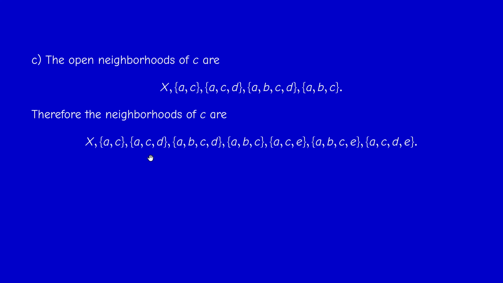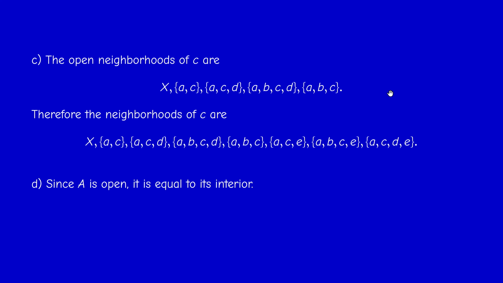Then ABCE, where we add E to the set, and ACDE, just add E. So these are the only possibilities. So there are 8 neighborhoods of C: 5 of them being open, and 3 of them not open.